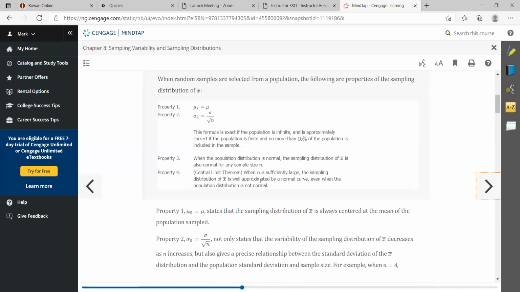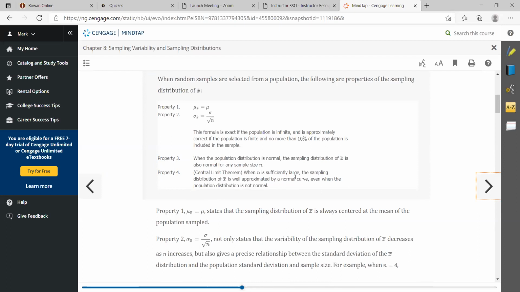It says that when n is sufficiently large, the sampling distribution of x bar is well approximated by the normal curve, even when the population distribution is not normal. So I'm going to rephrase property 4: if you know the population distribution is skewed or not normal, or there's no information about its shape, property 4 becomes important, the central limit theorem.